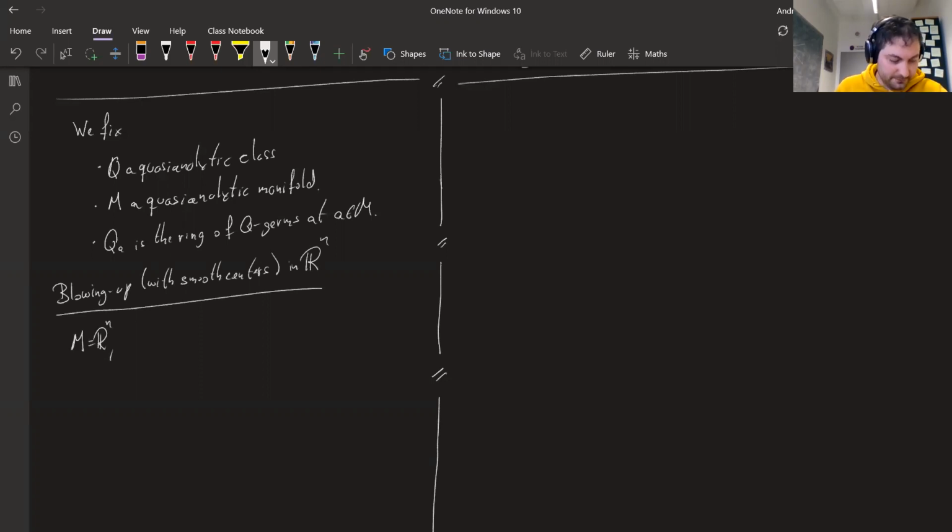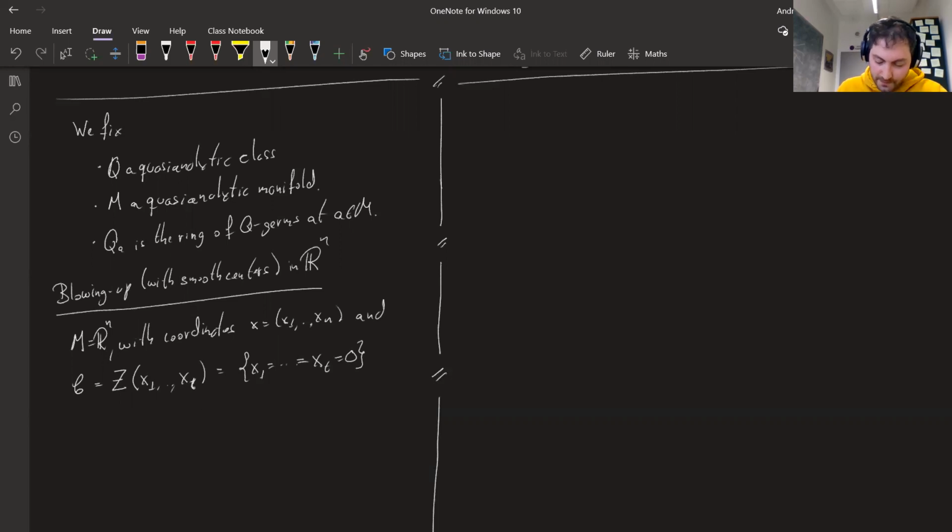This is our first case, with coordinates X equals x1, ..., xn, and C, which is what we call the center of blowing up. I'm going to use it as the zero locus of x1, ..., xt. This is just the set where they are all zero. We're going to see why this notation a little bit later on. This is the center.